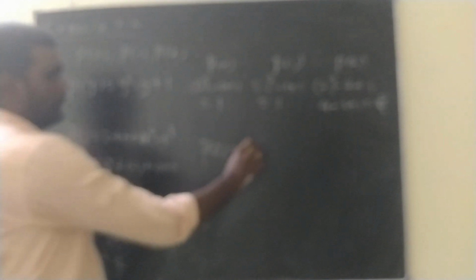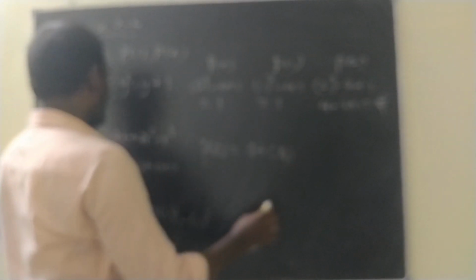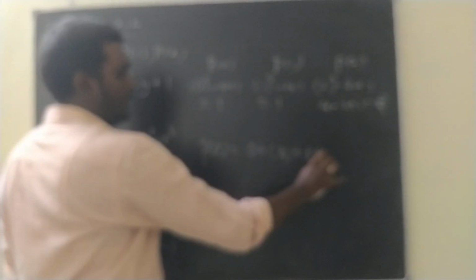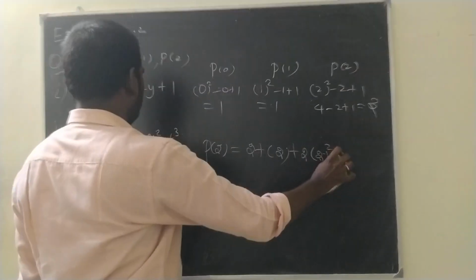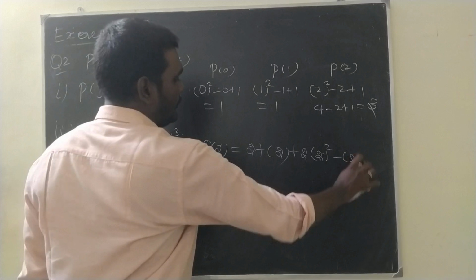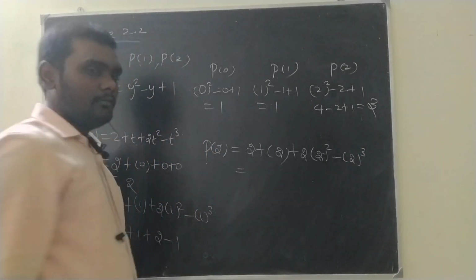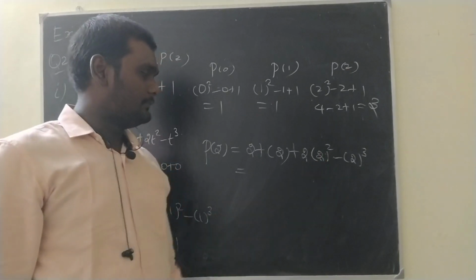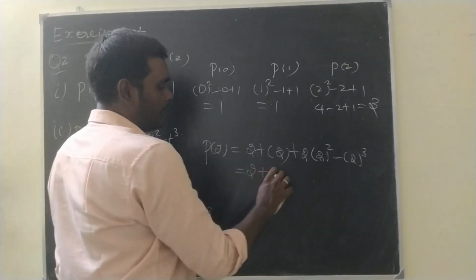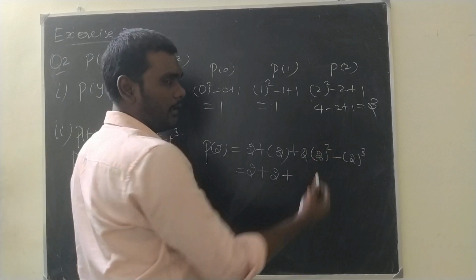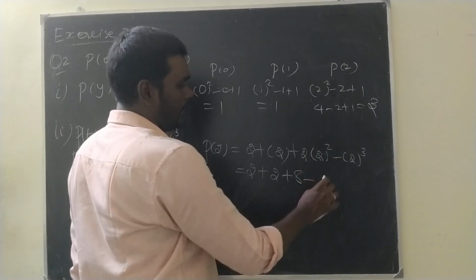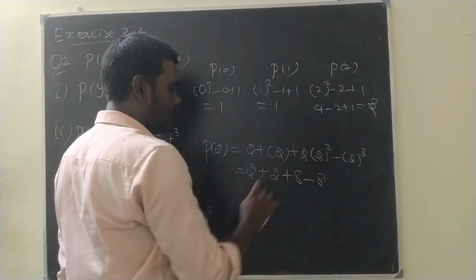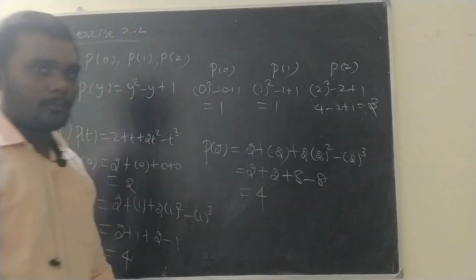It is 2 plus 2 plus 2 t square, 2 square minus 2 cube. All of them are 2. So 2 plus 2 plus this 2 square is 4. 4 into 2, 8 minus 8. Plus 8 minus 8 out. Answer is 4.